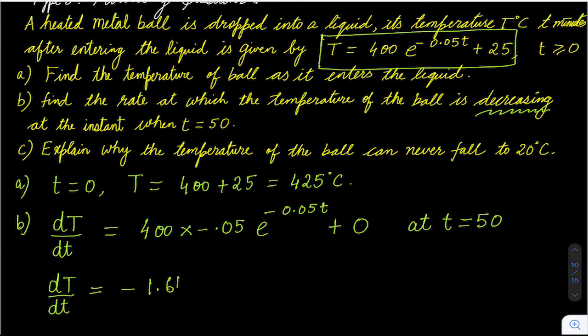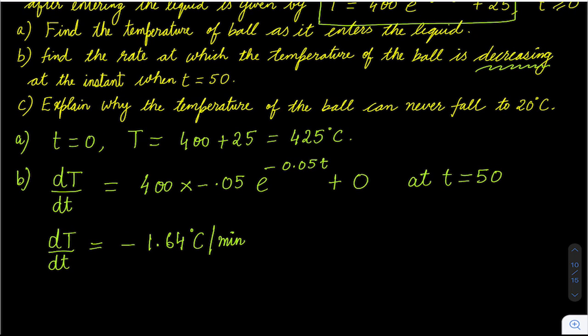This will come out to be minus 1.64 degrees Celsius per minute, because time is given in minutes, as you can see in the first line of the question, and temperature is in degrees Celsius. So this is negative. So what is my answer here? The rate at which temperature is decreasing is 1.64 degrees Celsius per minute. That negative takes care of decreasing.